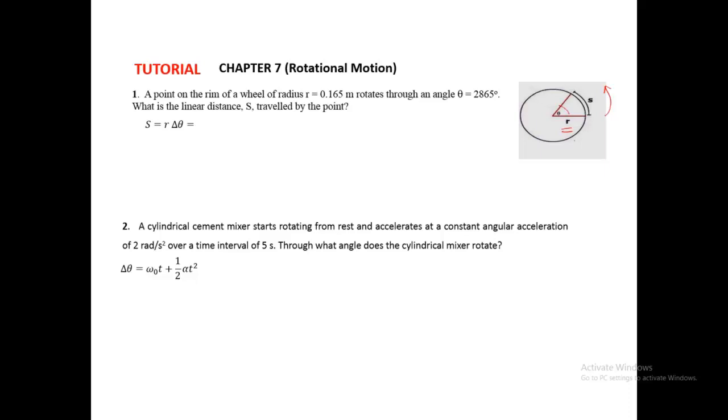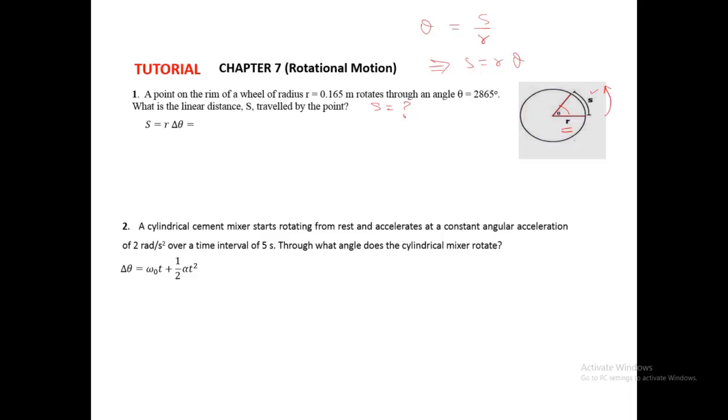Angle theta is given to you, and you have to find out the length of this arc S. This is the rule we discussed in the beginning of this chapter: theta is equal to S over R, so S is equal to R theta, or R delta theta.